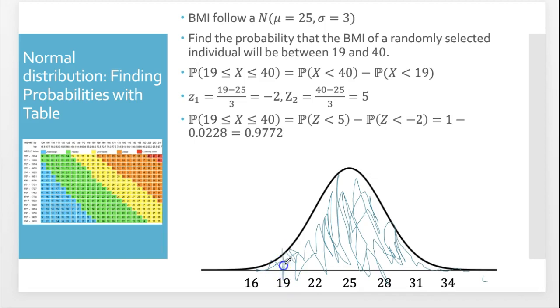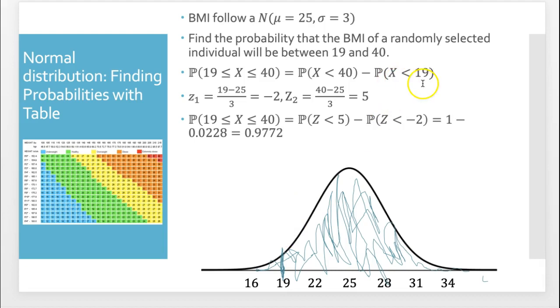So if you see here, we counted too much, because we needed to stop there, and we didn't. We counted everything here. This is the area from 19 to 40. We need all of this, but see this tail here, I counted too much. So this tail, that's what we're subtracting off up here.